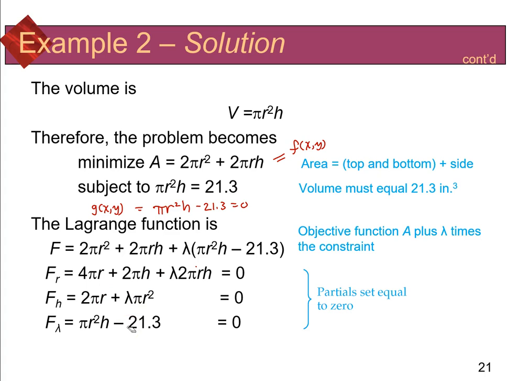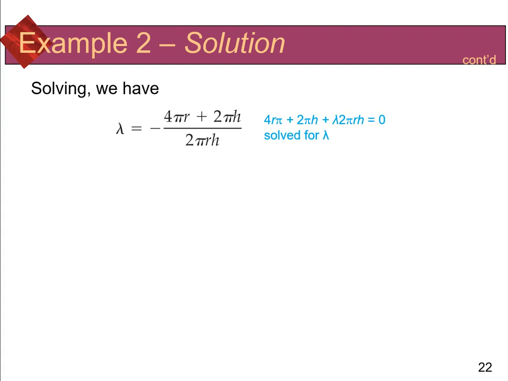I don't end up with any particularly easy functions to look at here, so the best way would be to solve these first two equations in terms of lambda. For the first one, lambda would be negative 4 pi r plus 2 pi h all over 2 pi rh.